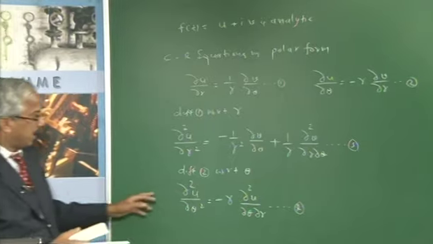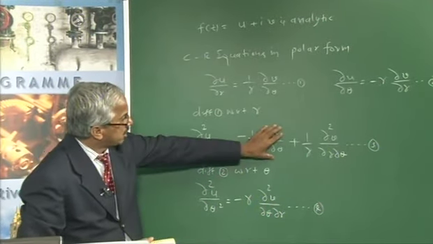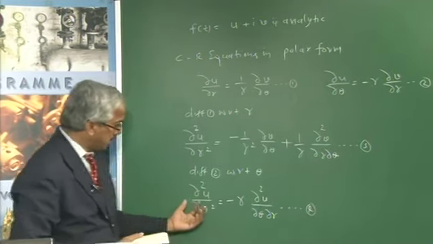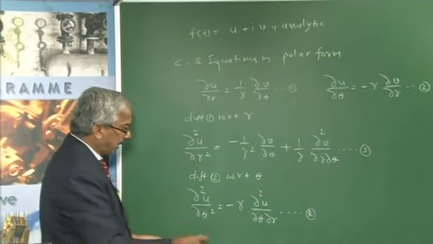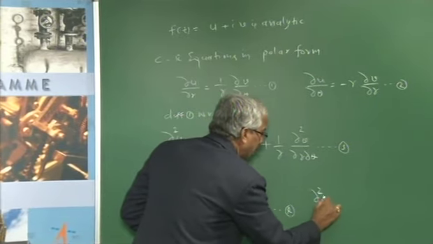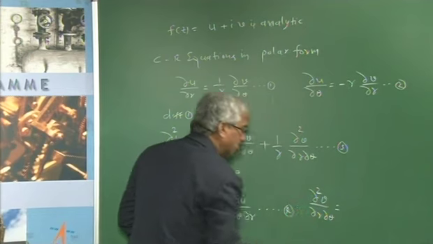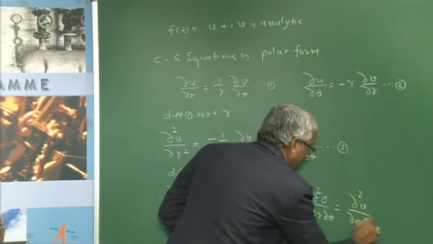Now, to bring in this equation, replace dou v by dou theta and dou square v by dou r dou theta, so that I can get the relation in terms of u. For that, I have to simplify this one, because in partial derivatives we know that dou squared by dou r dou theta is always equal to dou squared by dou theta dou r.